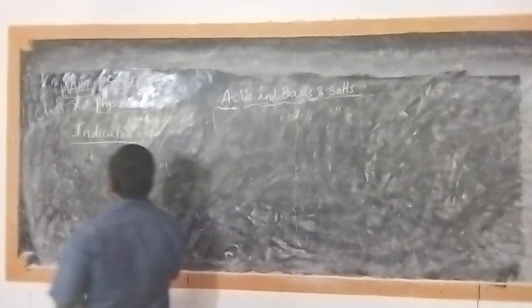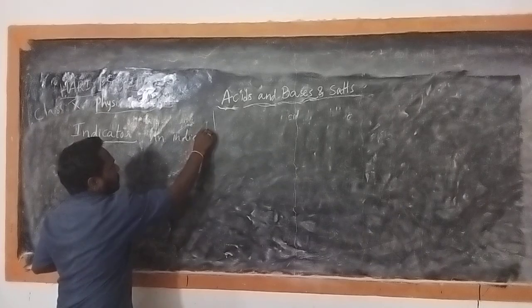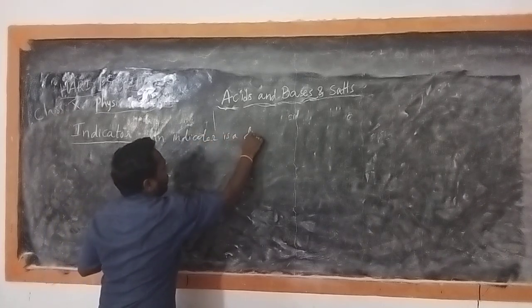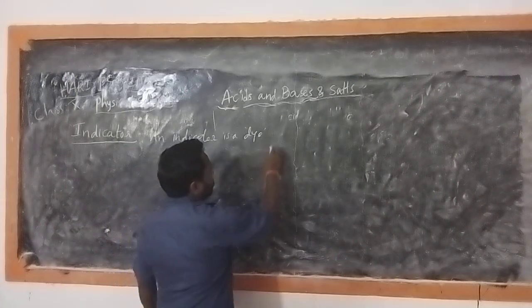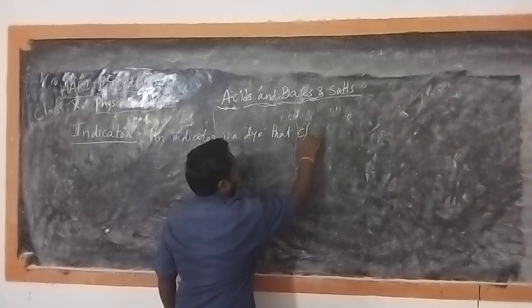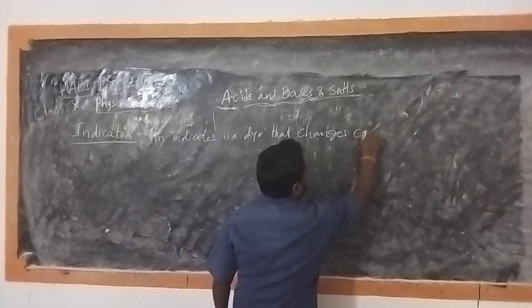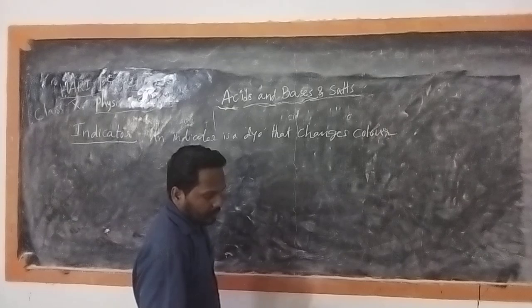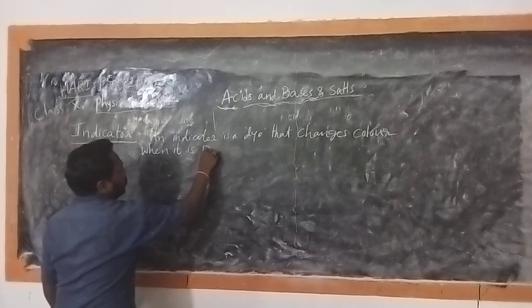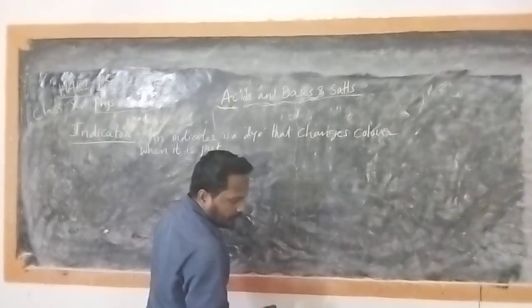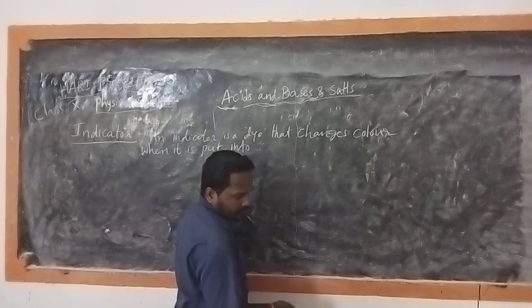An indicator is a dye that changes color when it is put into an acid or base.